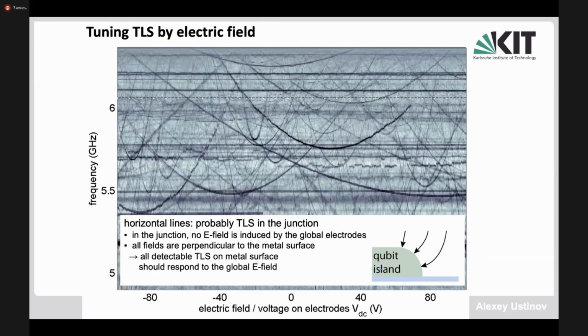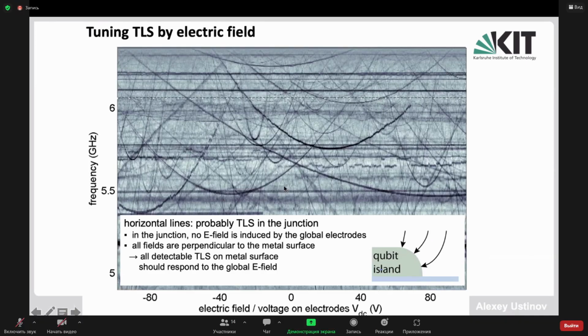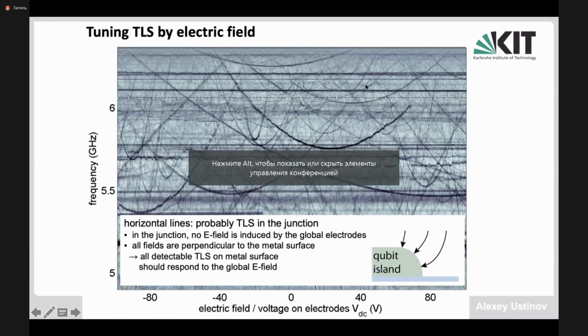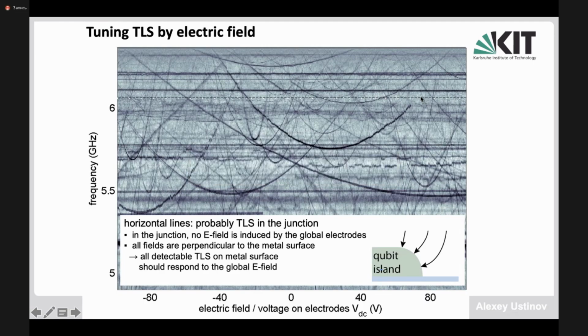And that's another picture where we show that the defects inside the junction don't really change their frequency. These are these horizontal black lines, while defects on the surface really show this very generic hyperbola, which I already discussed.